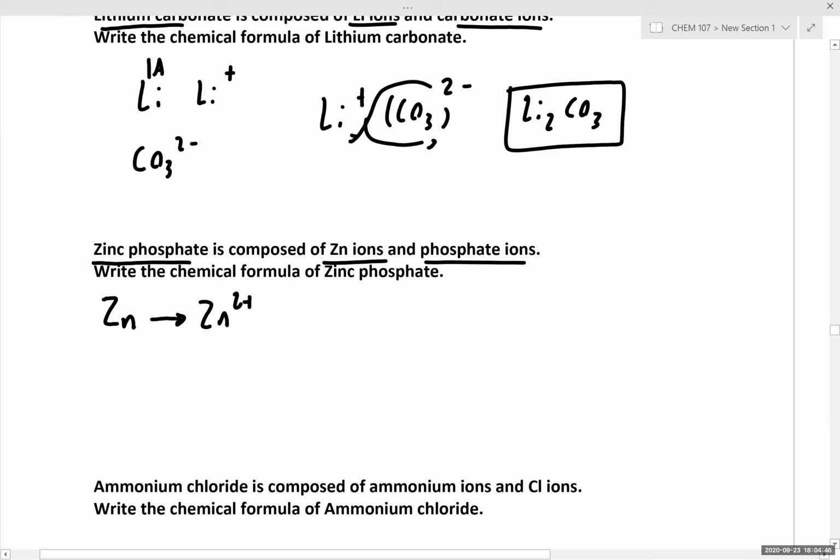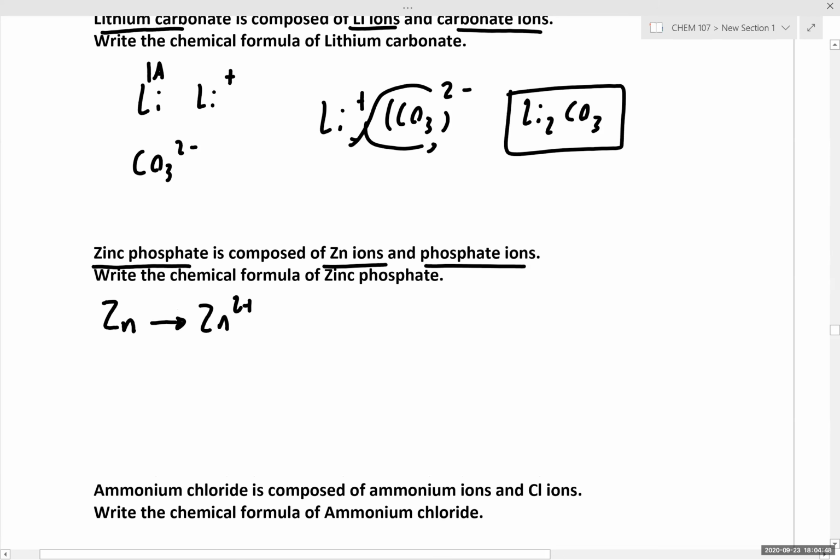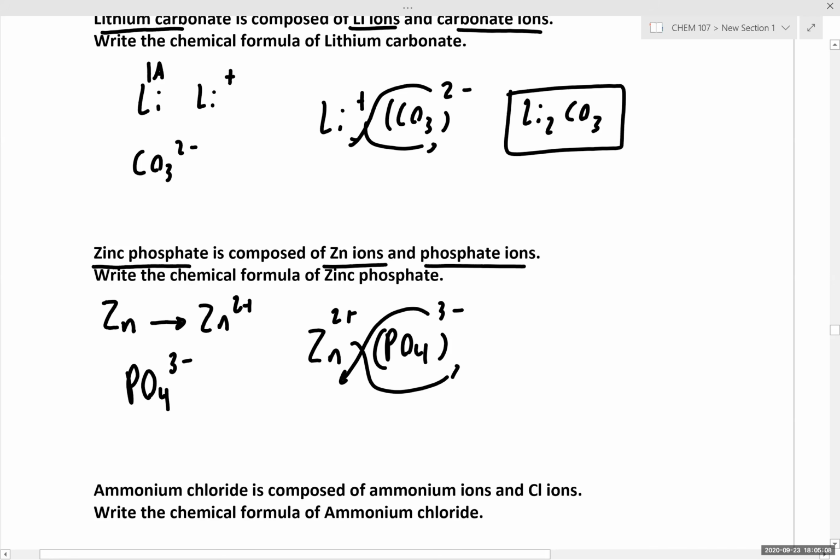Let's look at this second example for zinc phosphate. So zinc adopts a 2+ charge in most ionic compounds. Phosphate is PO4 3-. So writing out the formula for zinc phosphate, we cross our charges, remembering that the subscript applies to all atoms in our parentheses, and that gives us Zn3(PO4)2.